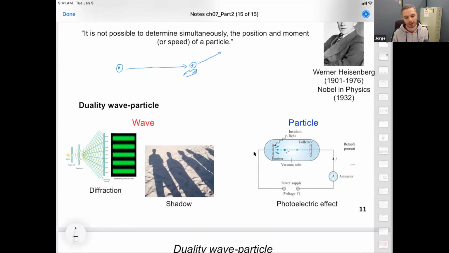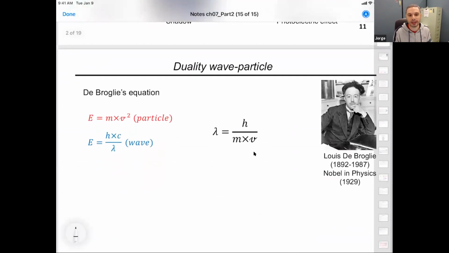So the other part of the community advocated for the particle nature of light. In the end, Louis de Broglie came to the conclusion that light will behave as either a wave or a particle depending on the situation. So light can be a wave or can be a particle, depending on the situation that the light faces.